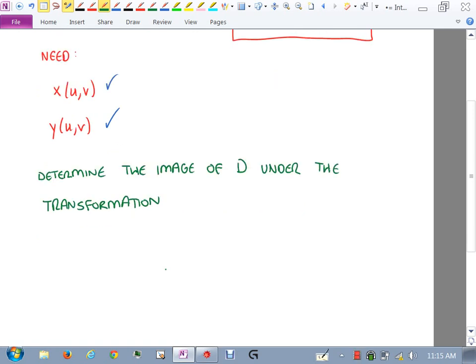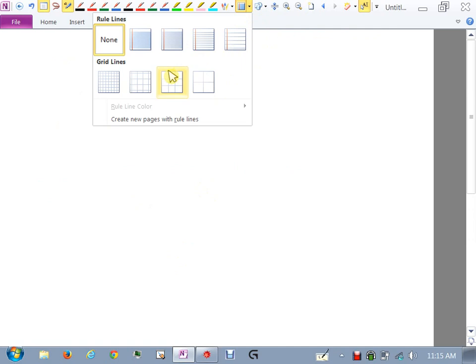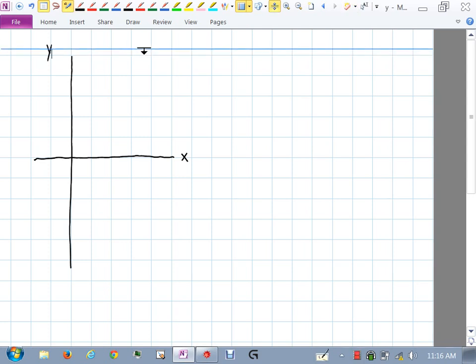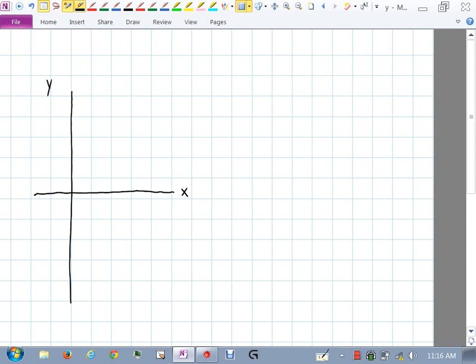Okay, I have my 4 points they gave me, right? So I'm going to draw a pretty decent graph on a new page. And I'll break out my graph paper to do that. I need my axes. This is my x-axis, this is my y-axis. I am going to take a little bit of time to pay attention to that because later on I'll have a graph and it'll be my u-axis and v-axis instead. So I'll plot the points. The points that were given to us were, what is it, 1, 5? Correct?